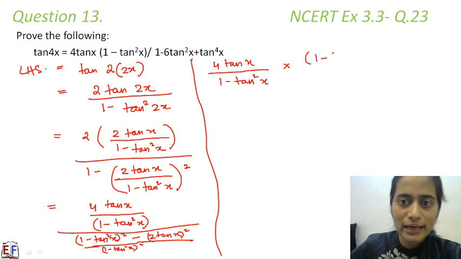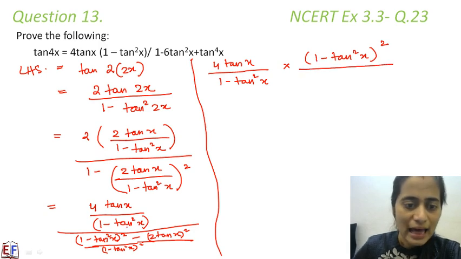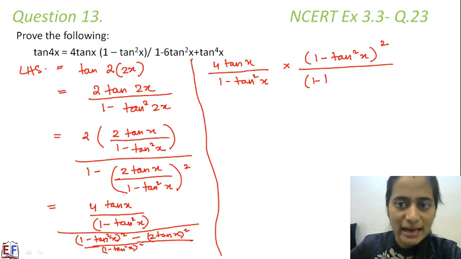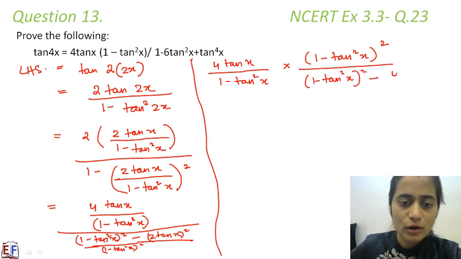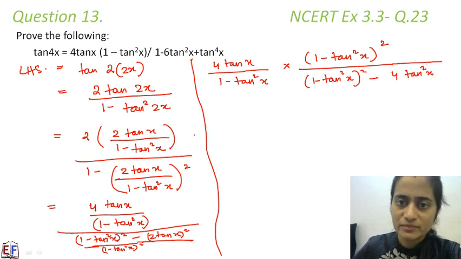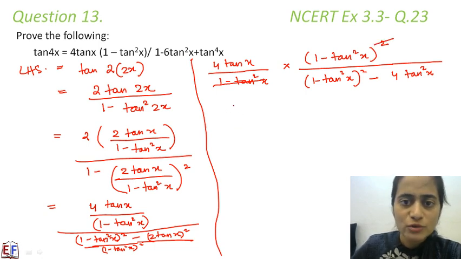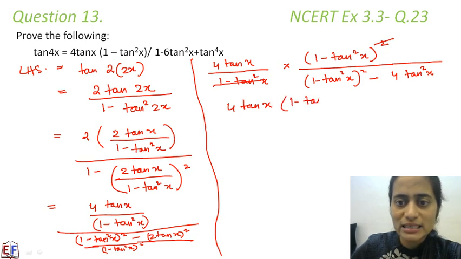Now this 1 minus tan square x ka whole square will go up and this will be down. So this will be 1 minus tan square x ka whole square minus 4 tan square x. Okay? So this will get cancelled with one term of this. So what do we get? We get 4 tan x into 1 minus tan square x.